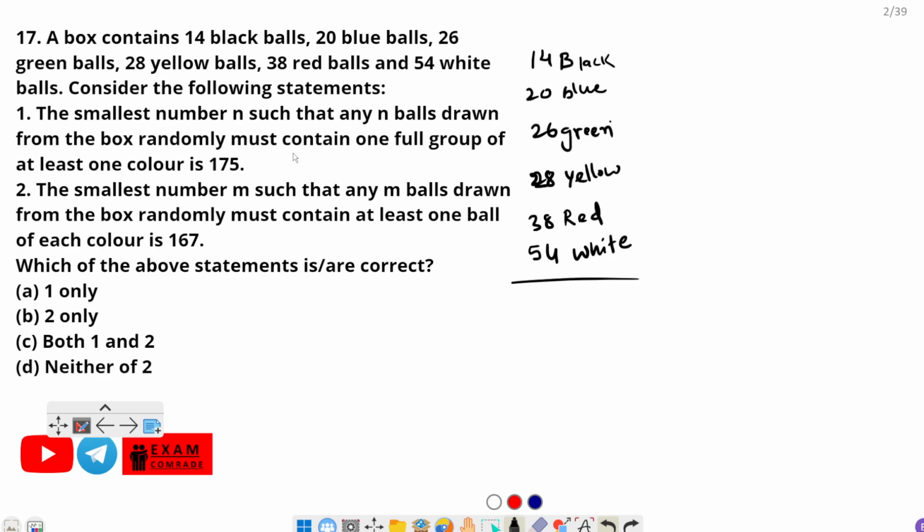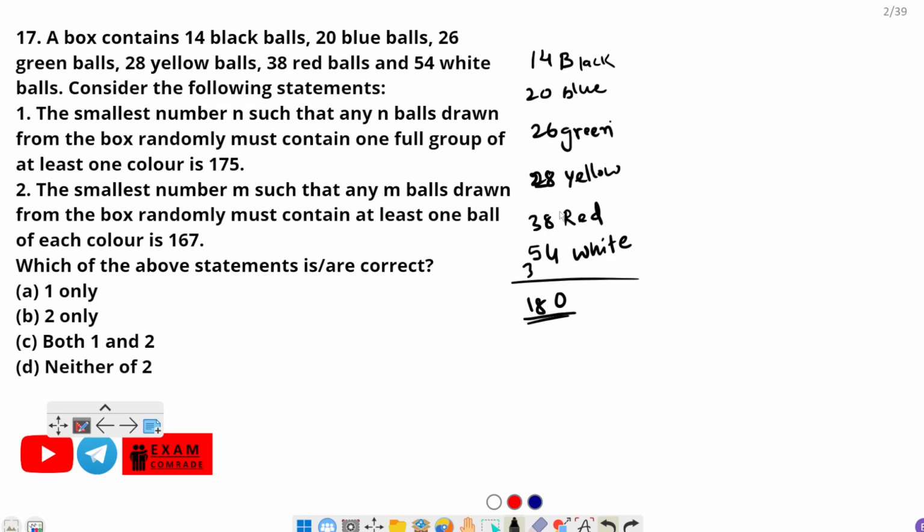Okay, the total number of balls is 4 plus 6 is 10, 10 plus 20 is 30, and so on. So there are total 180 balls.